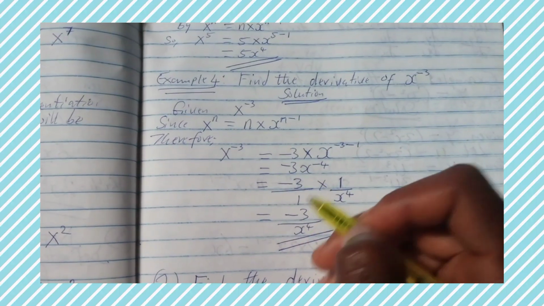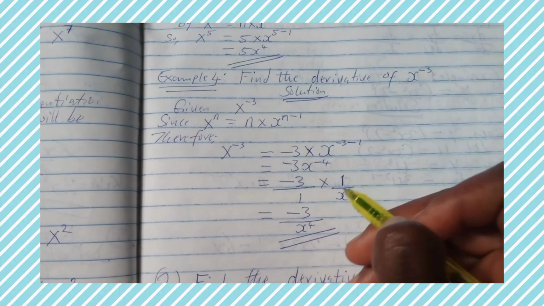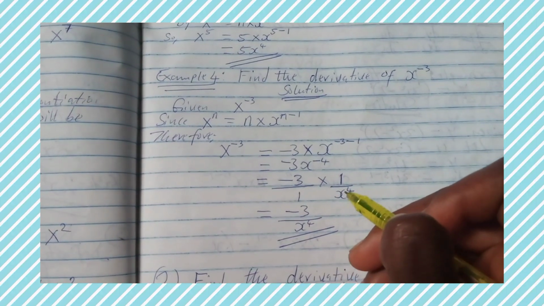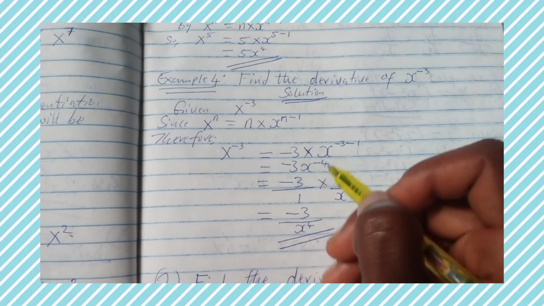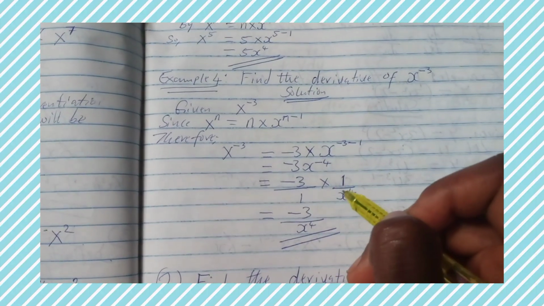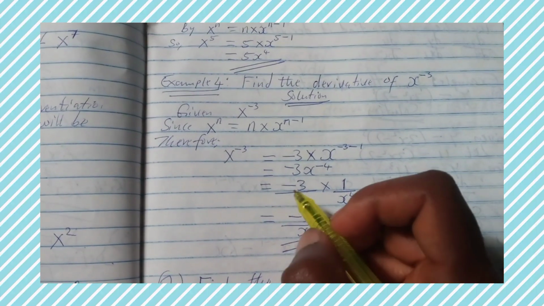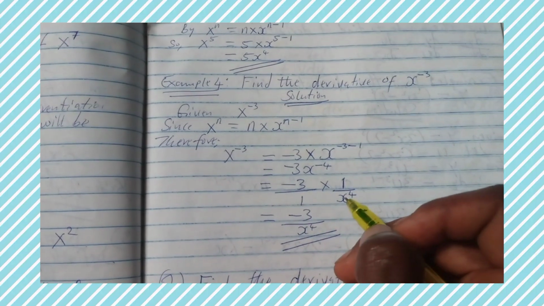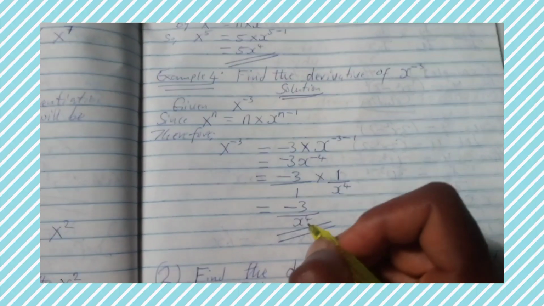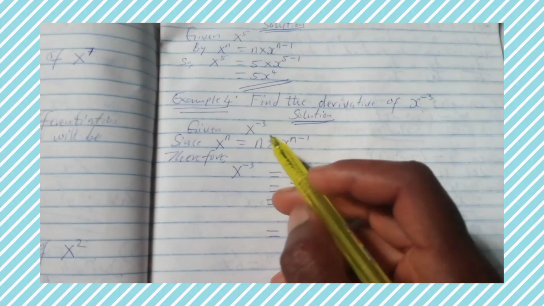So minus 3 all over 1 times, here we know that x to the power of minus 4 is the same thing as 1 all over x raised to the power of 4, based on the law of indices. Because this minus makes it 1 over, then this 4 stays as the power of x, based on the law of indices. So minus 3 times 1 is going to give us minus 3, and 1 times x to the power of 4 is going to give us x raised to the power of 4. And this is the final answer of this question.